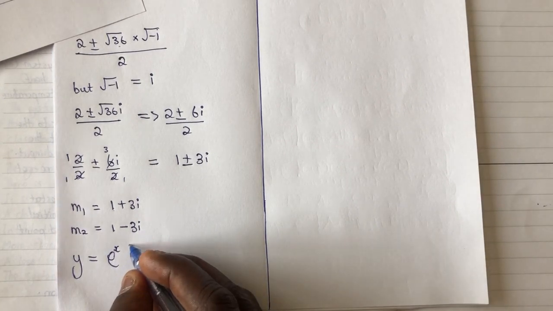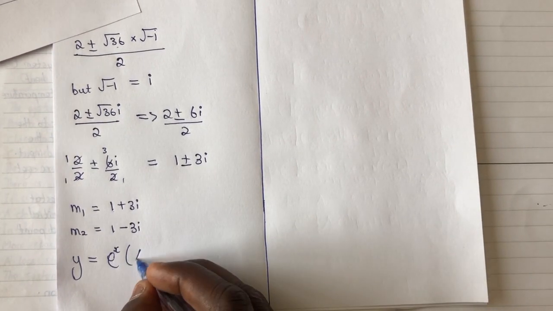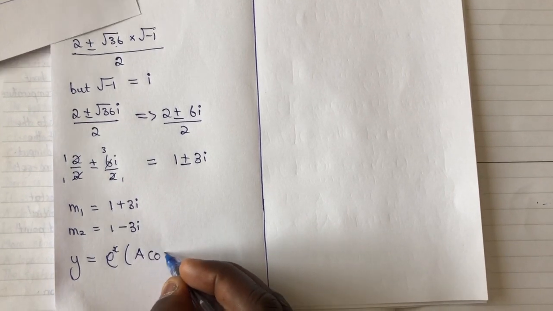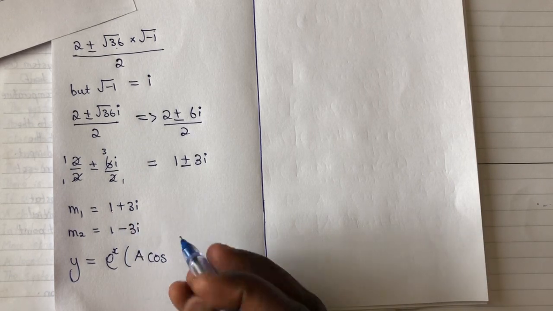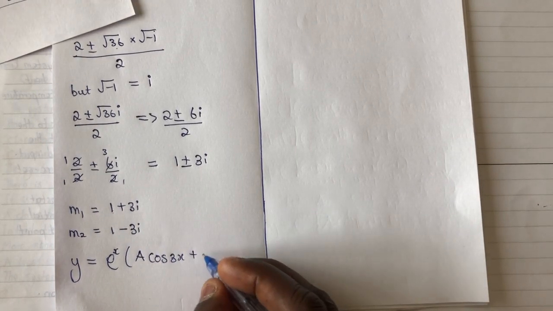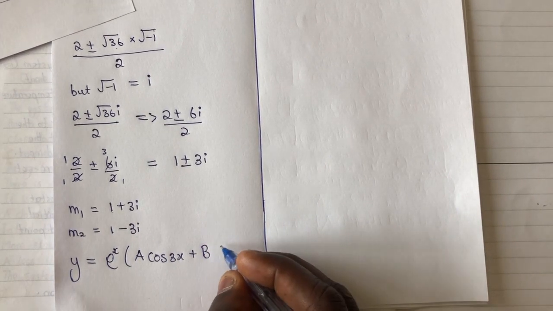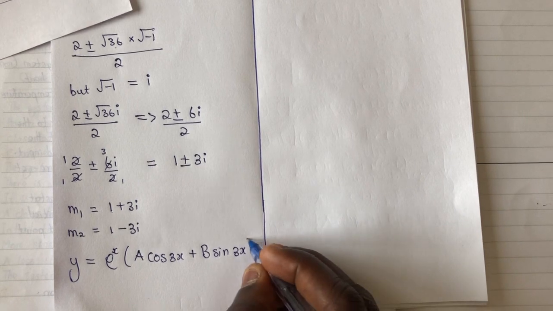Then into brackets we have a cos bx, and what is b? B is 3, so a cos 3x plus b sine 3x.